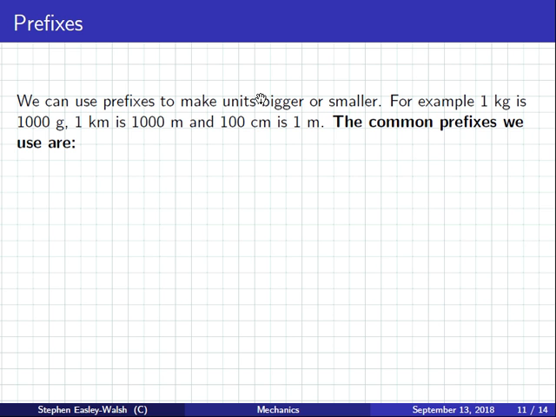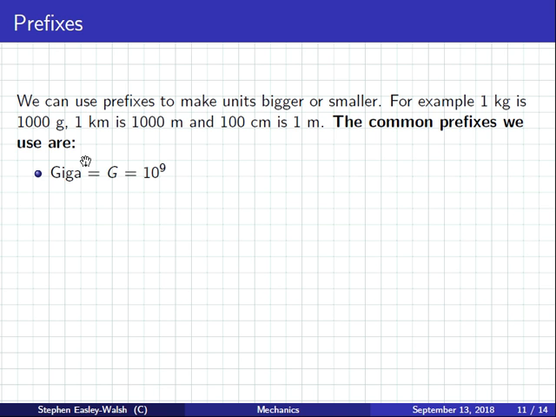So we have to look at what are the common prefixes. The first one we'll do is giga. Now, do you know what letter giga is? Giga is a G. Do you know how big it is? A kilo is 1,000. Do you know how big a giga is? How many zeros?